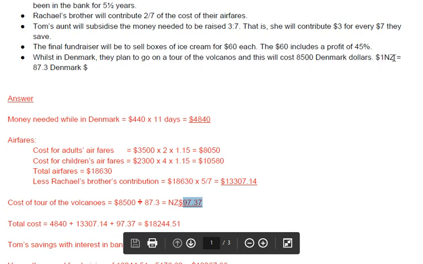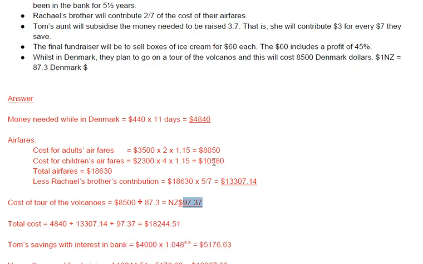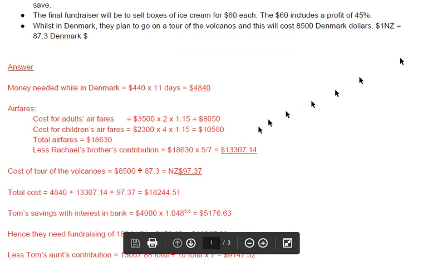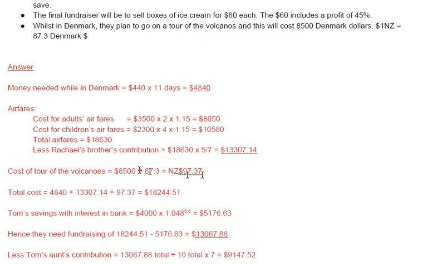Is there more New Zealand or is there less? There's less New Zealand dollars, and that's what we've got over here. That's what we need, so we've done it correctly. If you had used multiplication instead, you would have got a very high New Zealand amount, and that's not what we want. It would not match this ratio where the New Zealand dollars have to be less.